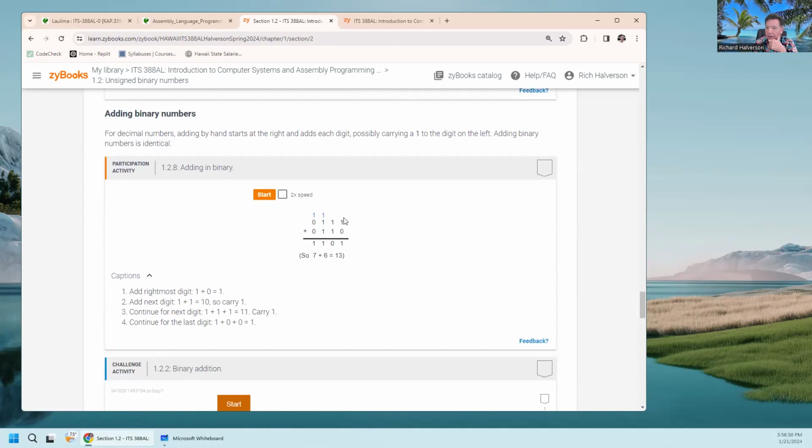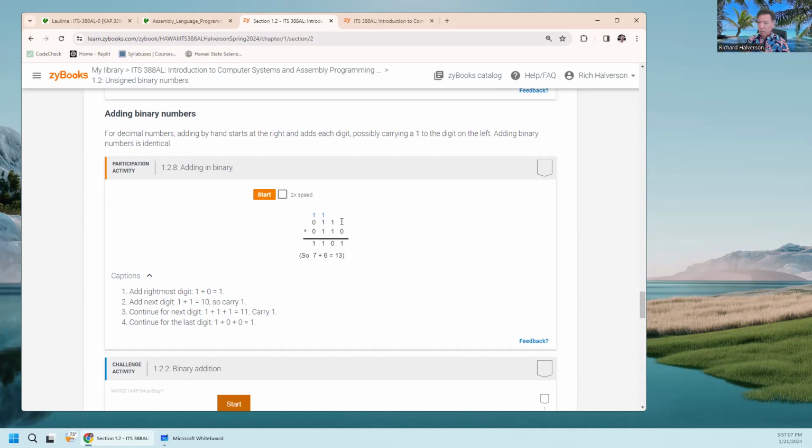Okay, so adding binary numbers, it's just like adding decimal numbers, except you only have zeros and ones. So if you add 1 plus 1, that equals 2. Well, there's no 2. 2 is 1 0, so it's 0, carry the 1.